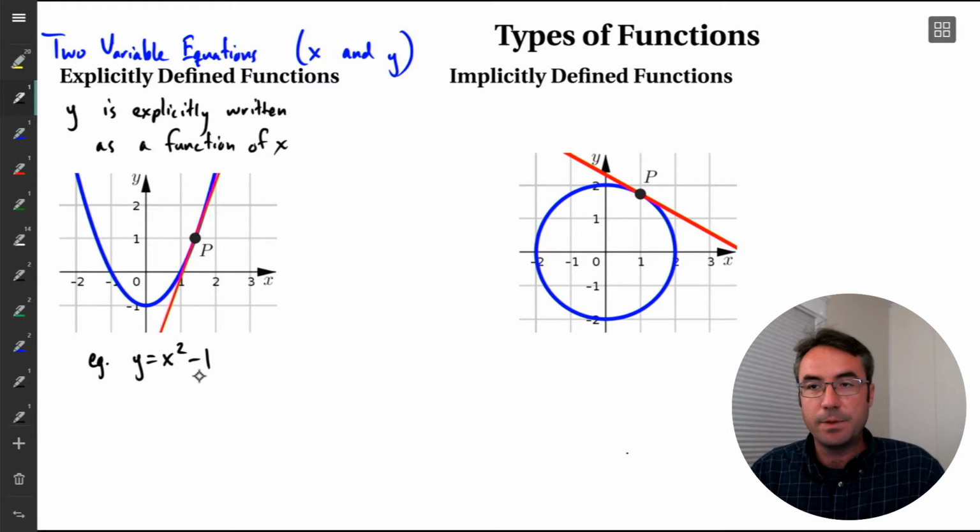When we look at this, we have an equation involving two variables, x's and y's. But the way this is written, it's in the form y equals. So y here is written as a function of x. y is equal to this function of x. And it's explicit. We're actually saying in this equation that y is equal to this function of x.